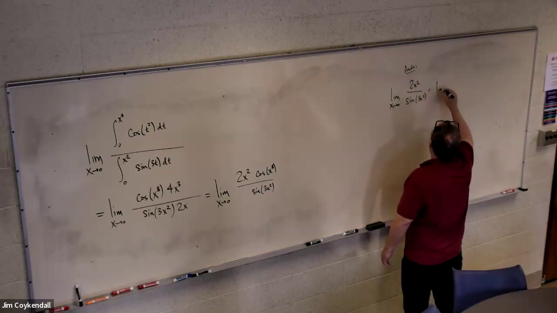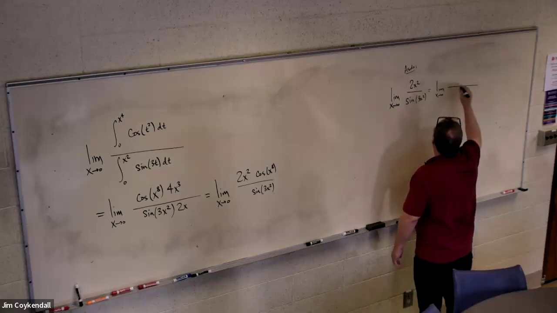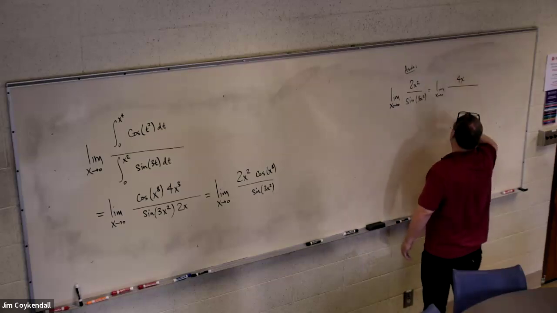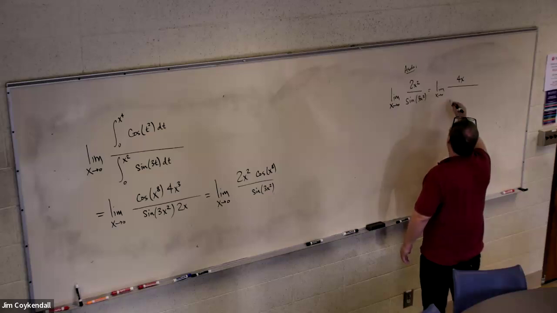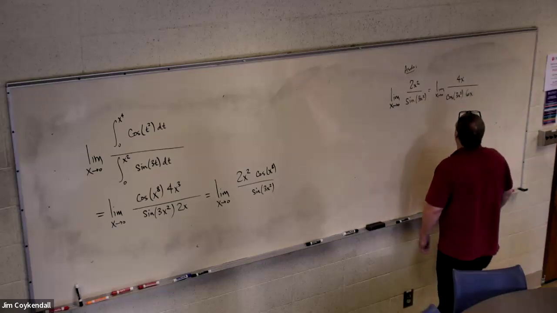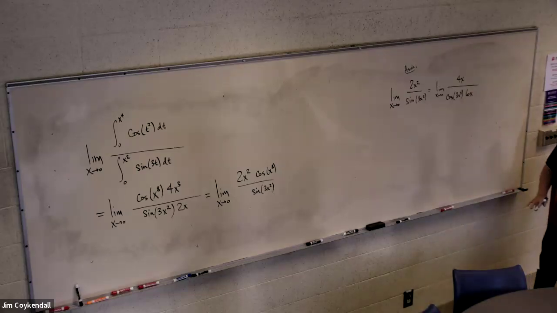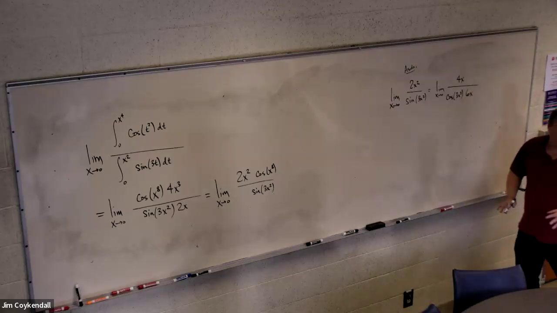This is the limit as x goes to 0 of 4x over cosine 3x squared on bottom times 6x. Again, please don't.